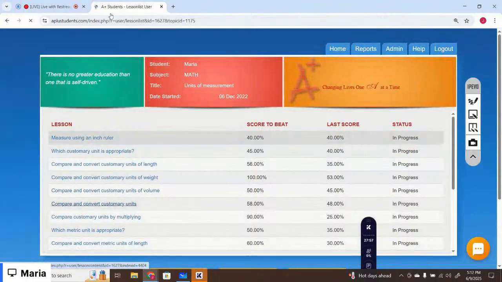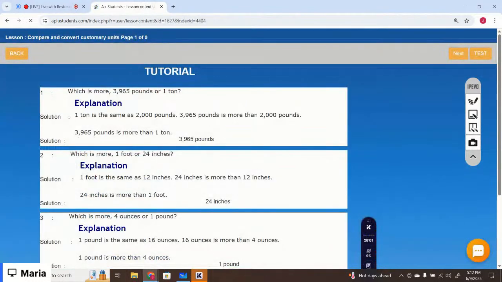Compare and convert customary units. Which is more, 3,965 pounds or 1 ton? 1 ton is same as 2,000 pounds.